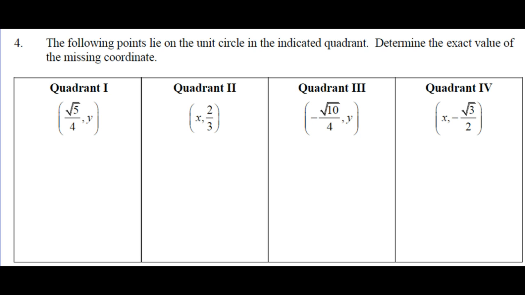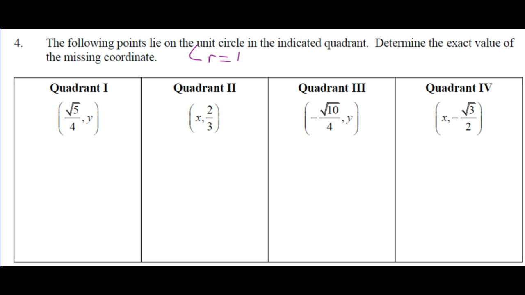The following points lie on the unit circle in the indicated quadrant. Determine the exact value of the missing coordinate. It's the unit circle, so what do we know about the unit circle? What's the radius? 1. This is a quadrant 1 angle.